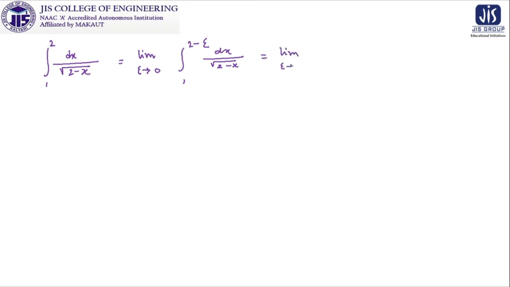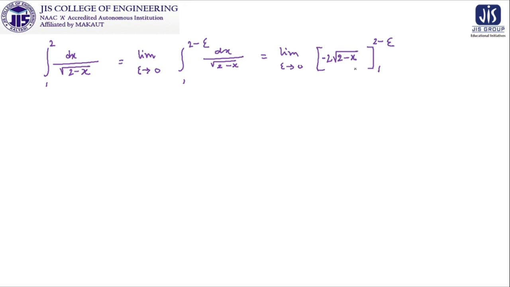Now limit epsilon tends to 0, you can simply take this as p, you can substitute or whatever you like. Ultimately you can find the result of this integration, and it will be minus 2 root over 2 minus x, and our job is to evaluate it from 1 to 2 minus epsilon.